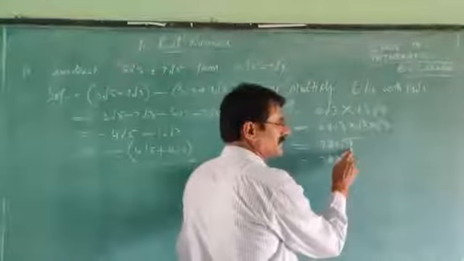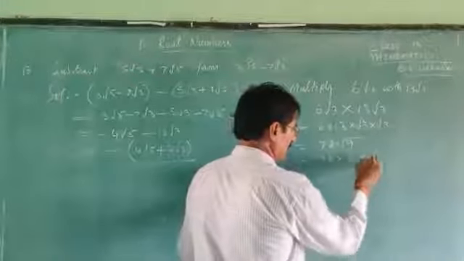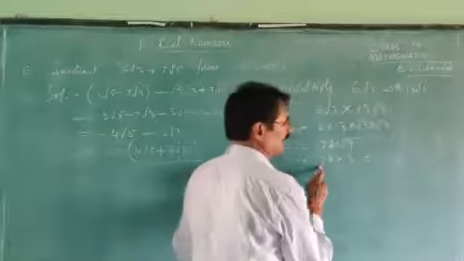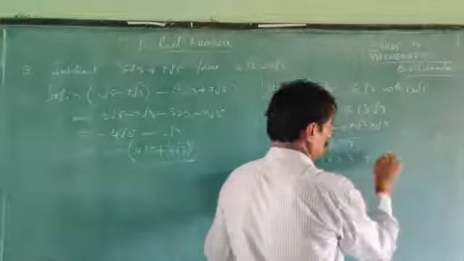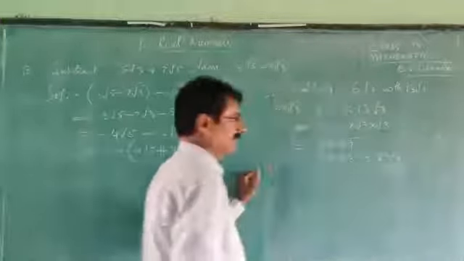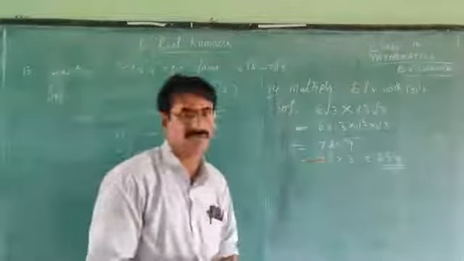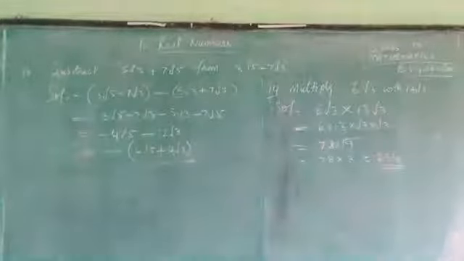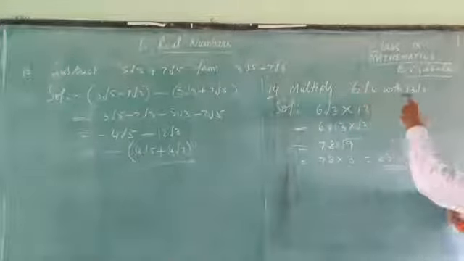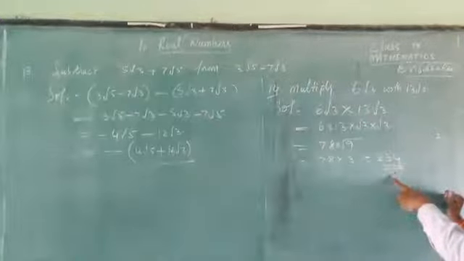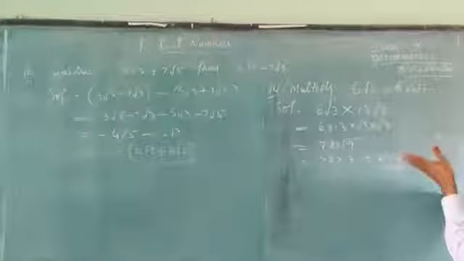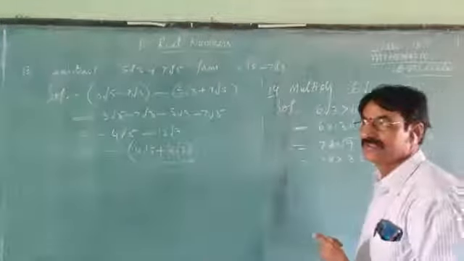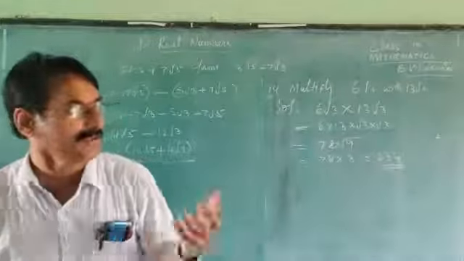Root 9 is a perfect square, so we get 3. 3 8s 24, 3 7s 21 plus 2 is 23, so we get 234. 234 is a rational number. So the product of two irrationals is a rational. So the irrationals are not closed.